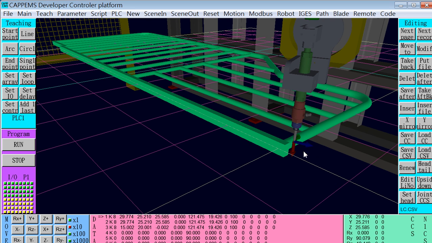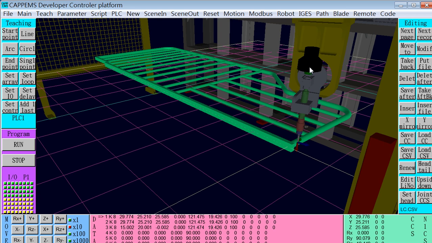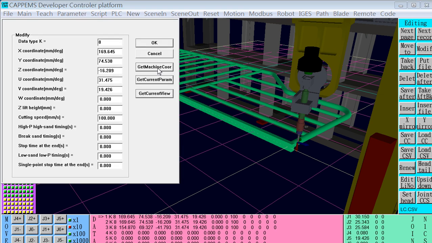We call this pose the B axis located just right. Change back to joint mode, modify, get machine coordinates. Okay.